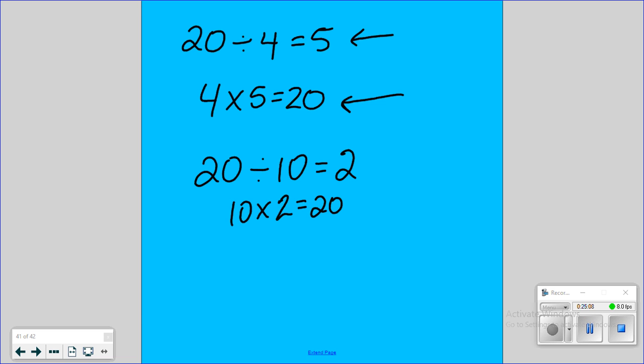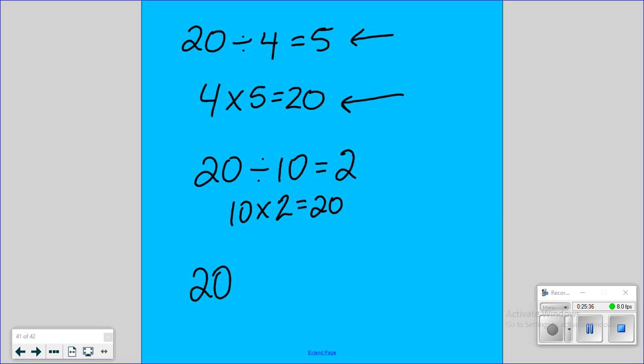Go for it. 5. Nope. What do we start with? 20. We're not going to use the word divided. We're going to talk about what did we do?